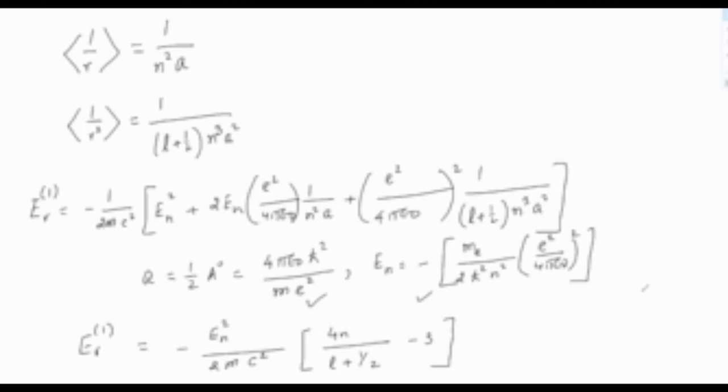Okay, because in general p can be comparable to, or even more than, m naught c. So for example, you have a 100 MeV electron and the rest mass of the electron is only 0.5 MeV. Therefore, with 100 MeV of kinetic energy and 0.5 MeV of rest mass, you cannot apply this formalism. You can apply this formalism only when the kinetic energy of the electrons is small with respect to the masses of the particles, here the mass of the electron.